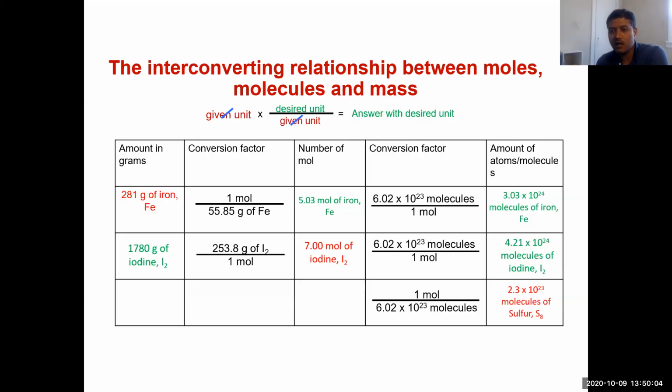If you do that, how many moles did you get? I don't know if I'm right, 0.38.